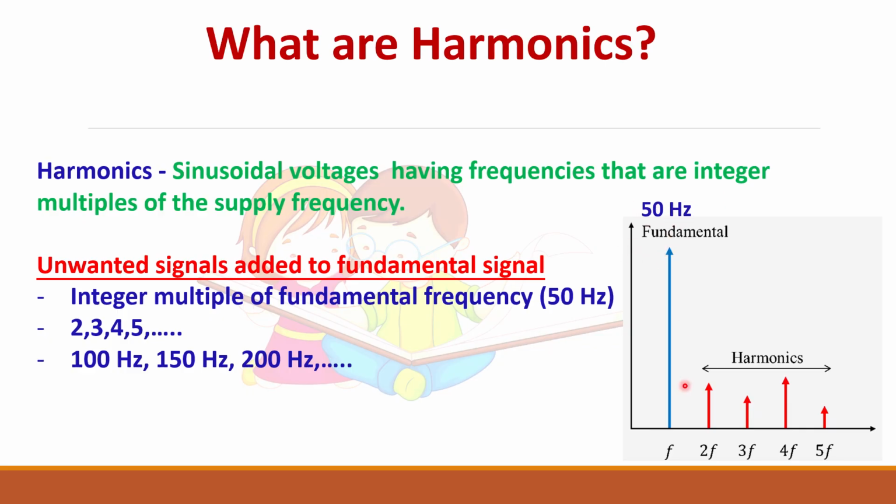But what happens? All these harmonics, that is high frequency components, are superimposed on this fundamental component. So this 2F, 3F, 4F, 5F, 6F, all these are called harmonics. These are actually unwanted signals which are added to the fundamental signal.